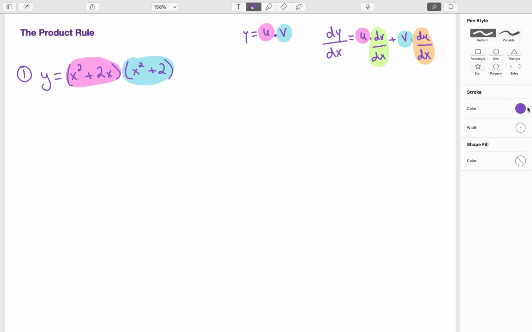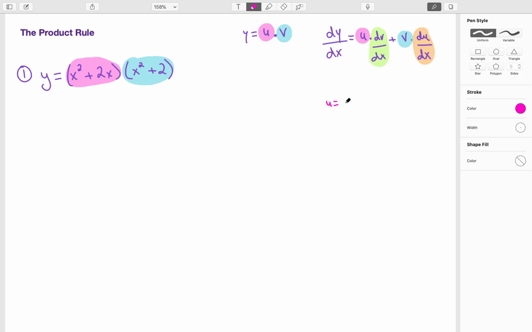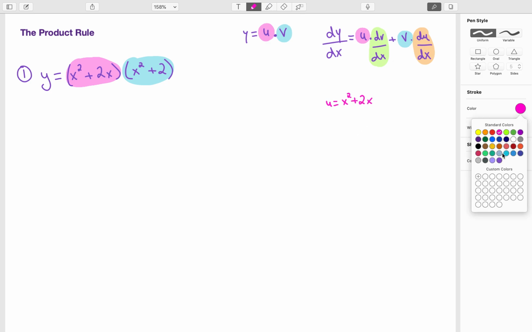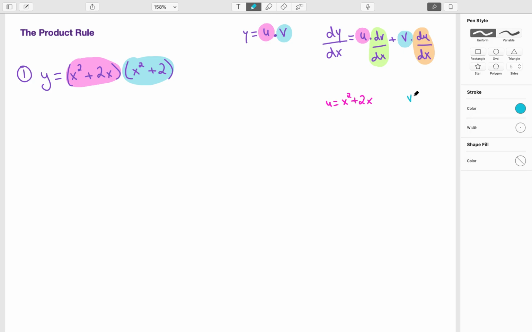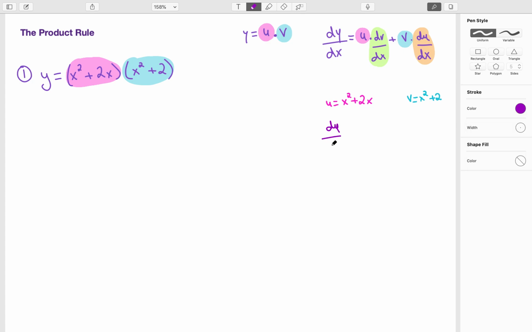Looking at the first one, I would write out u equals, as a little key for myself at the side. u is equal to x squared plus 2x, and v is equal to x squared plus 2. Now, du dx means differentiate u with respect to x.